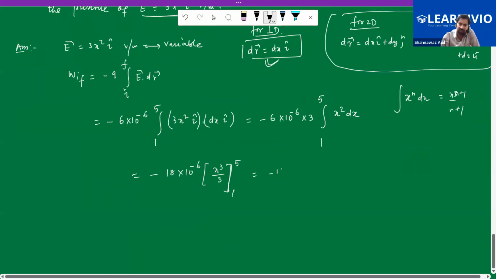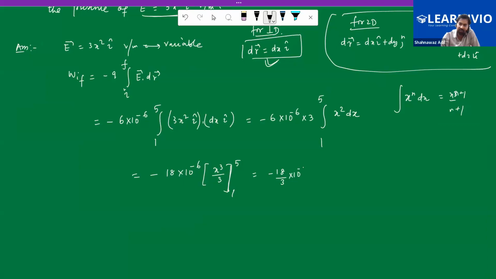So you have minus 18, this 3 is taken outside, and 10 to the power minus 6 times 5 cubed minus 1 cubed. So this is minus 6 into 10 to the power minus 6 times 125 minus 1, which is minus 6 into 124 into 10 to the power minus 6.